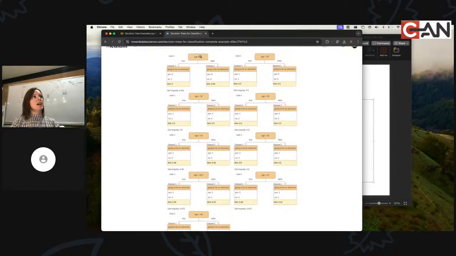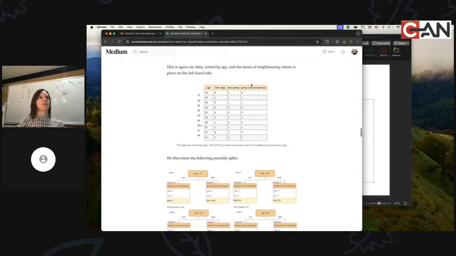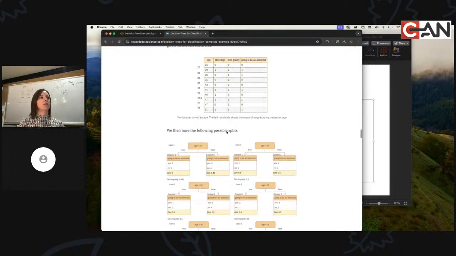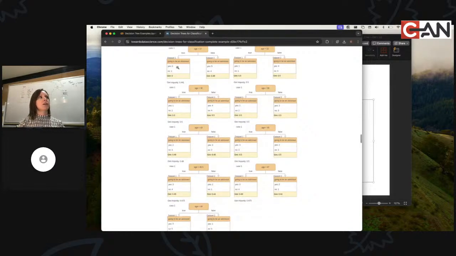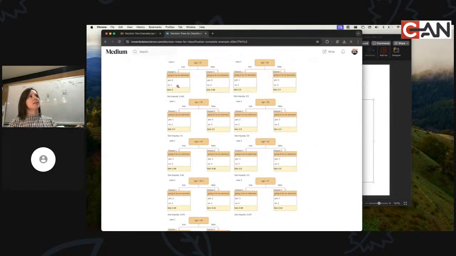So you can see at 27, we're saying, is it less than 27? Of course, there is only one value that is less than 27, 24. And because of that, there's only going to be one label in there, and the label is apparently no, not an astronaut.